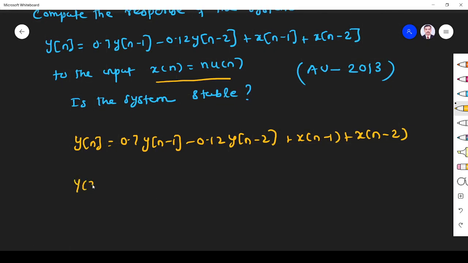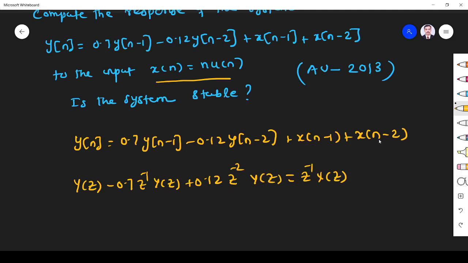I bring all the y terms to the left hand side, so minus 0.7 y of n minus 1, whose z transform is z inverse y of z. Bringing this one here, it becomes plus 0.12 y of n minus 2, whose z transform is z power minus 2 y of z. That is equal to x of n minus 1, whose z transform is z inverse x of z, plus x of n minus 2, whose z transform is z power minus 2 x of z.